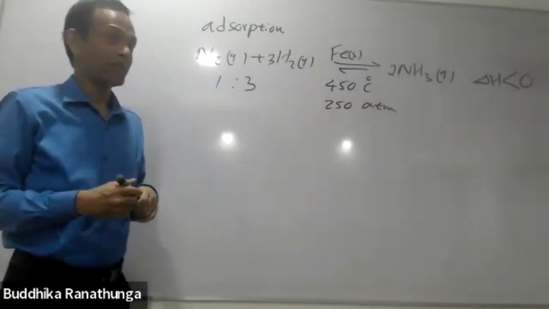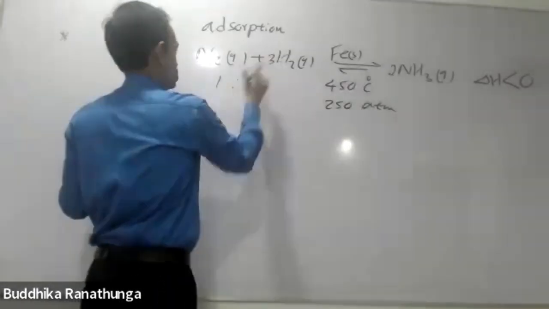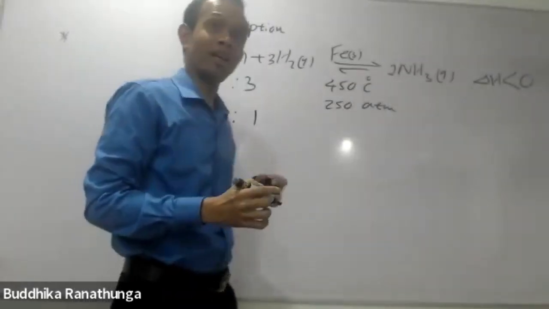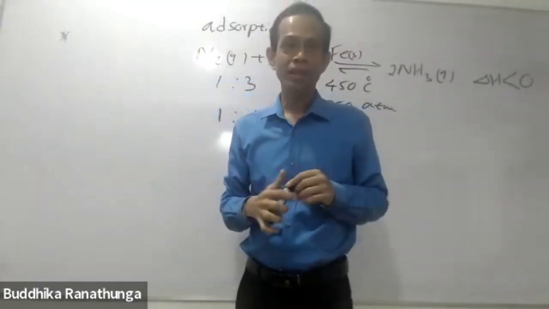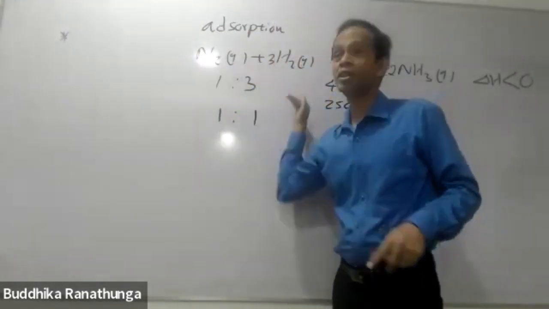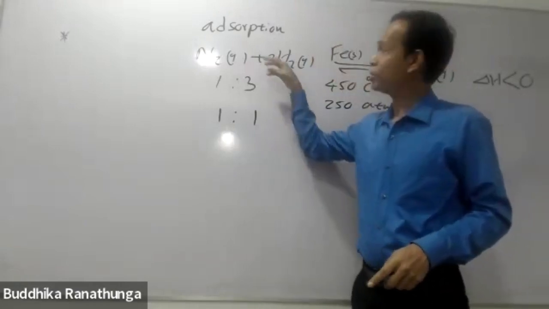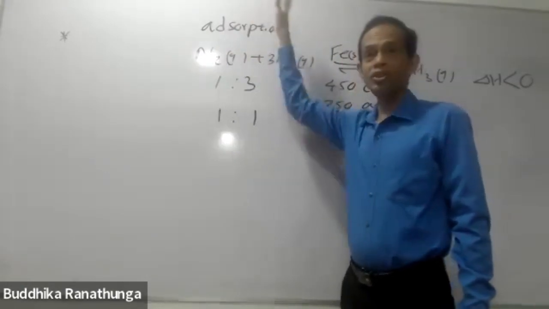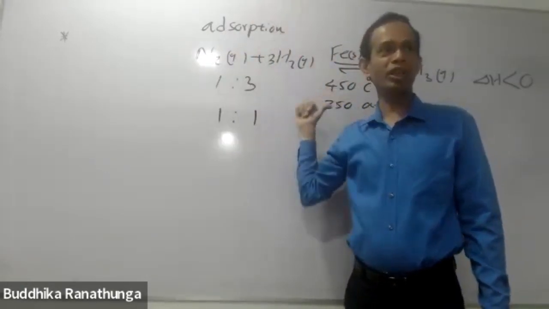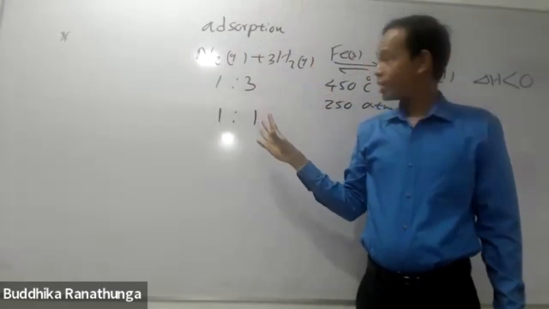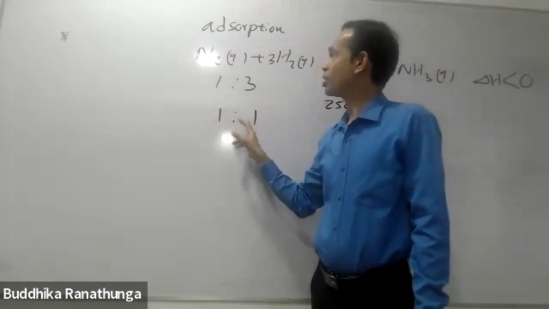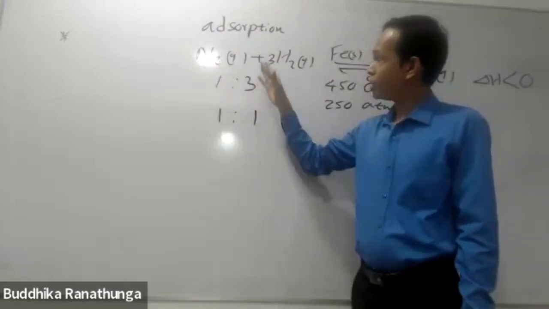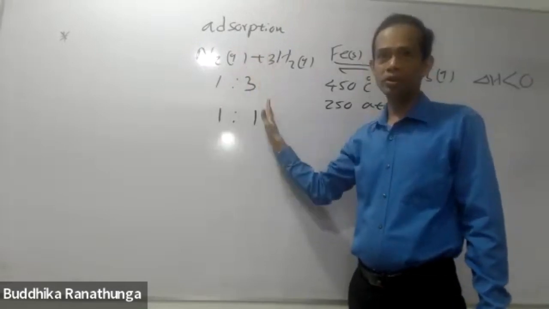If you introduce these two in a 1:1 ratio, say nitrogen is cheaper than hydrogen, right? So for the purpose of promoting the forward reaction, you can use excess nitrogen, because when the nitrogen concentration is high, the forward reaction can be promoted. But if you use a 1:1 ratio, you need 1:3 for the reaction to take place.